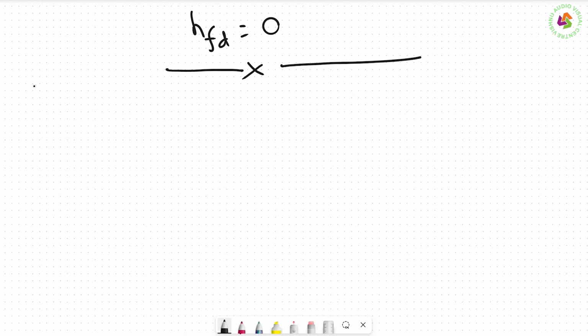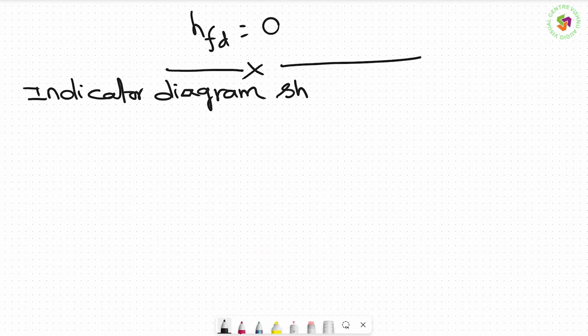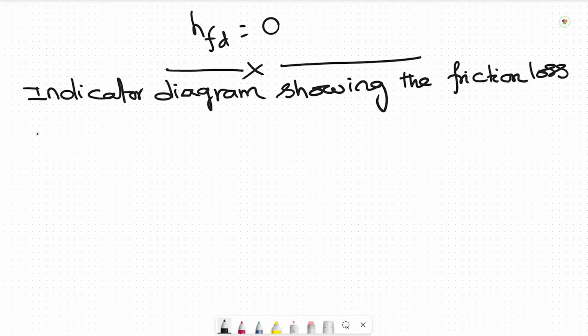Now let me go into the indicator diagram showing the friction loss also. Let us see.